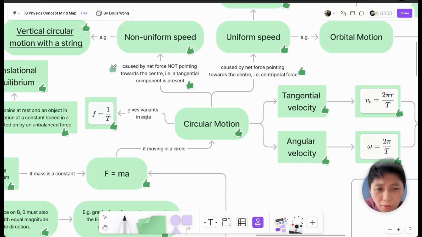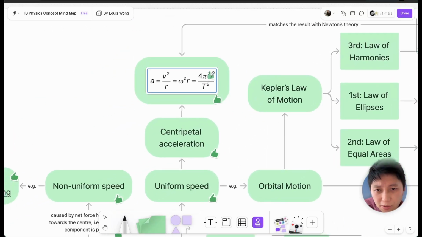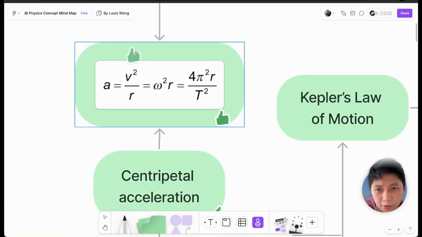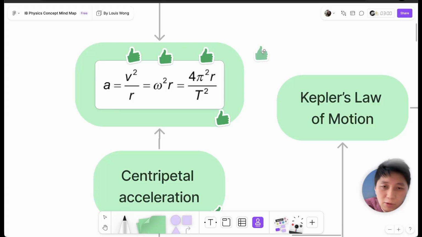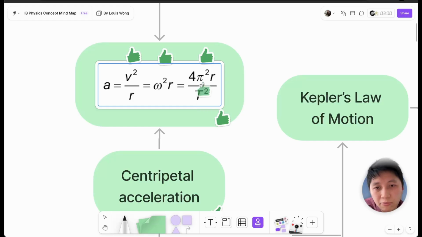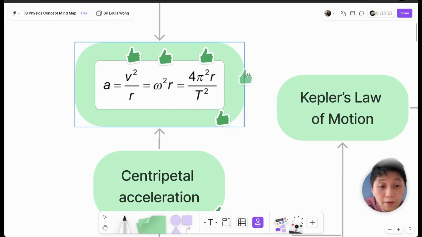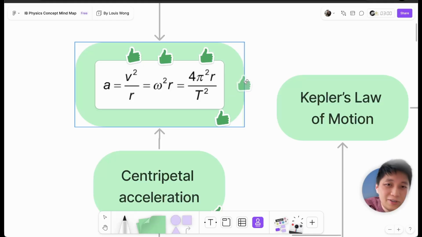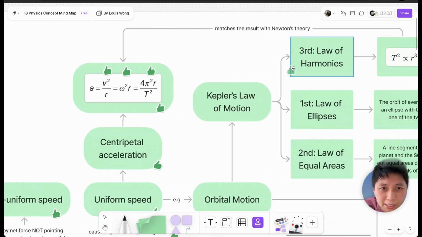I think everyone knows this if you have learned waves before, and this will give variations. This is from the data booklet. There are 3 versions, 1, 2, 3. Choose the one that is easiest for you in a different question. But at the same time, don't forget there could be a 4th variant, which takes the period and changes it to frequency accordingly.